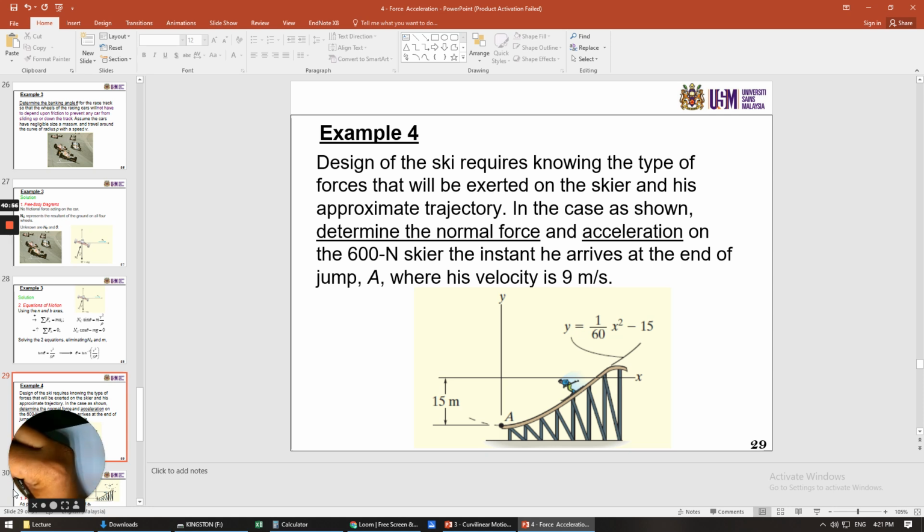We need to determine the normal force, big N, and the acceleration. The mass is given as 600 divided by g, and the velocity at A is 9 meters per second. I think I got everything.